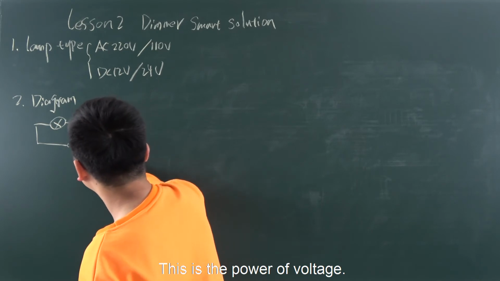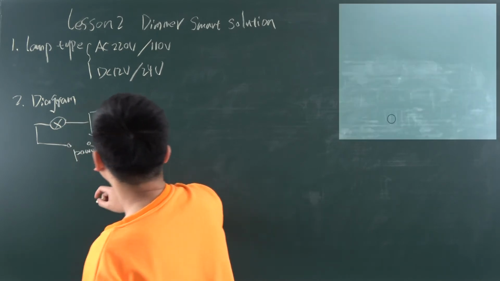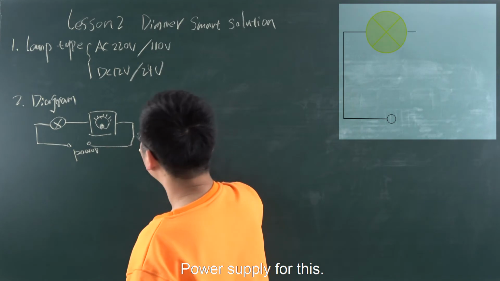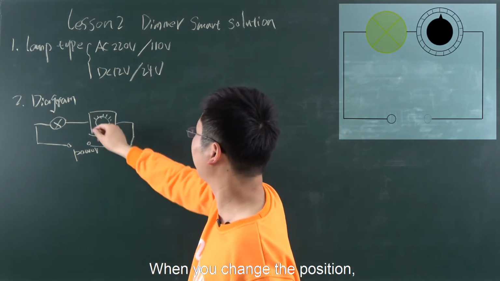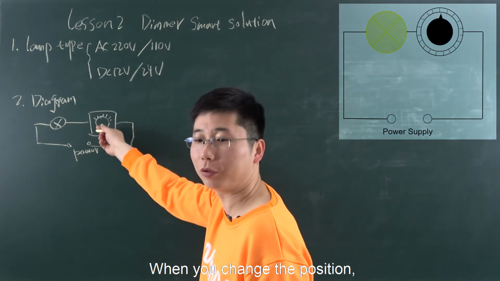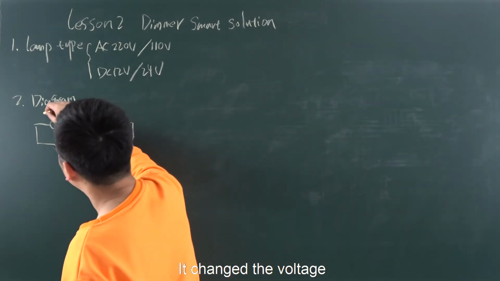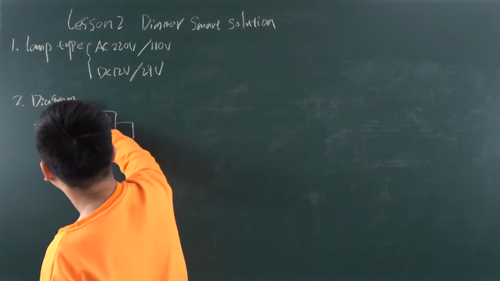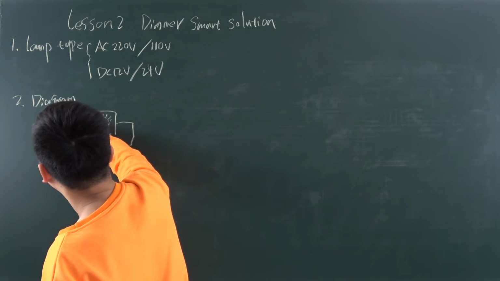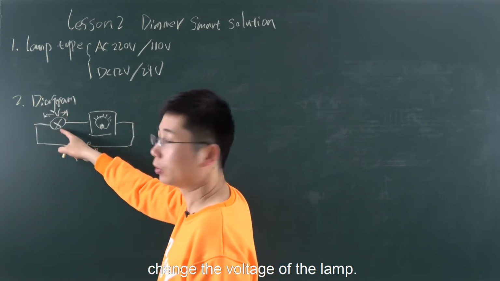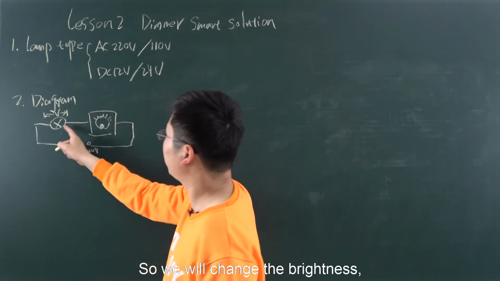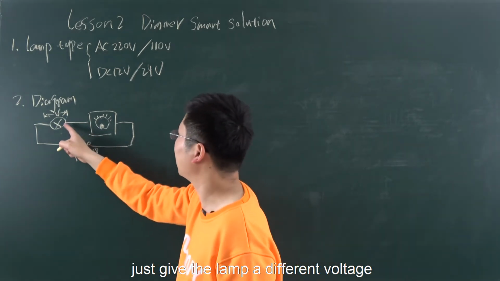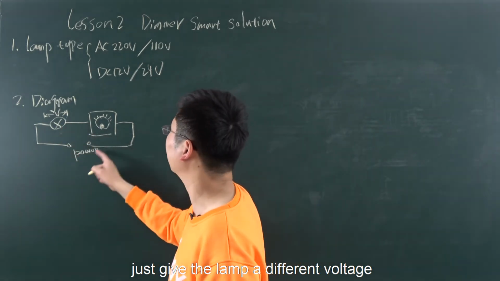This is the power supply voltage, and when you change the position of the part, it changes the voltage of the lamp. So we change the brightness by giving the lamp a different voltage.